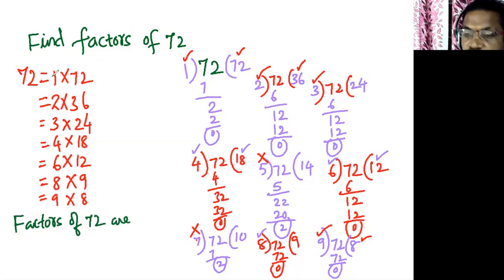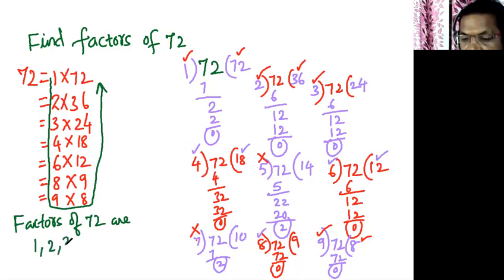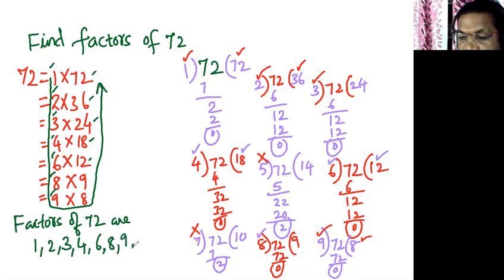Go in a U shape like this, write all the numbers, but don't repeat the numbers. 1 2 3 4 6 8, 9 12 18 24 36 72. 8 is repeated, 9 is repeated. So 1 2 3 4 6 8 9 12 18 24 36, and 72.